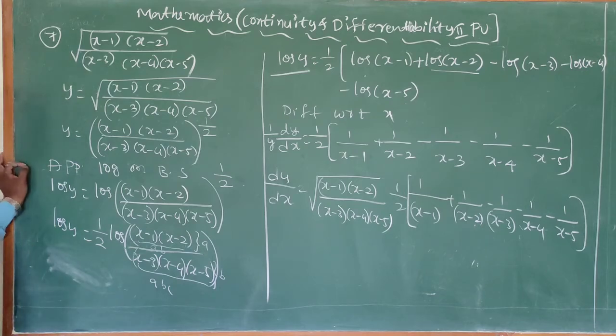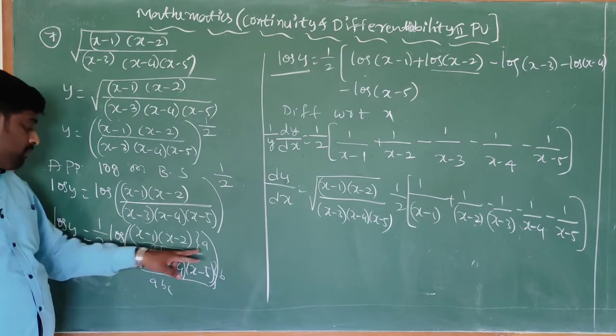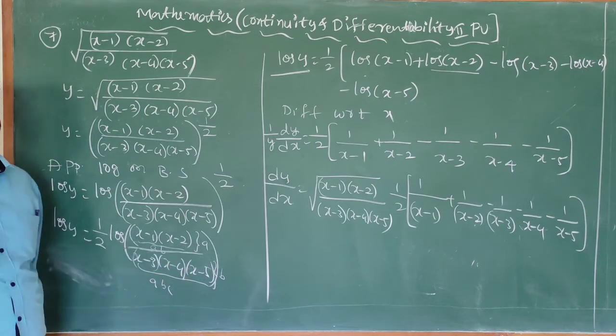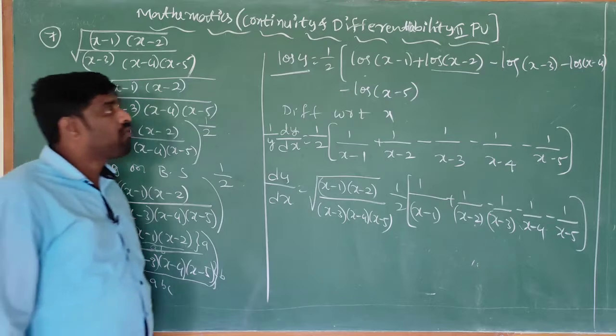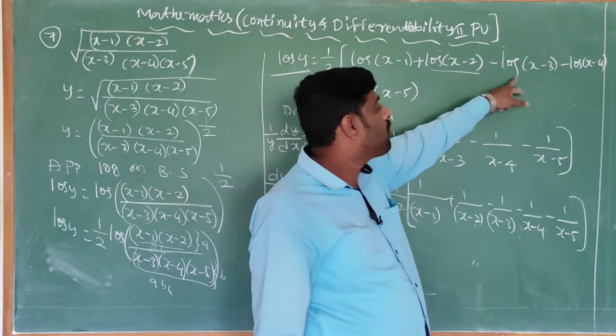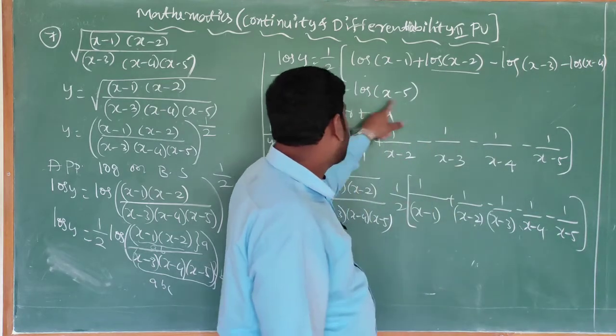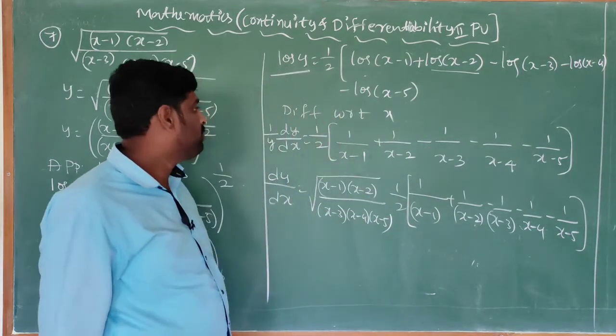Log A plus log B plus log C. So that is log of x minus 1 plus log of x minus 2 minus log of x minus 3 minus log of x minus 4 minus log of x minus 5.